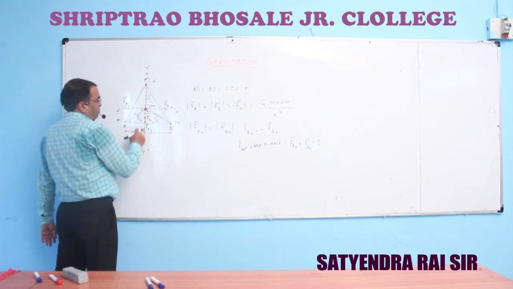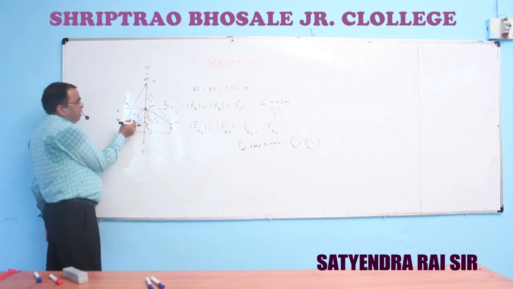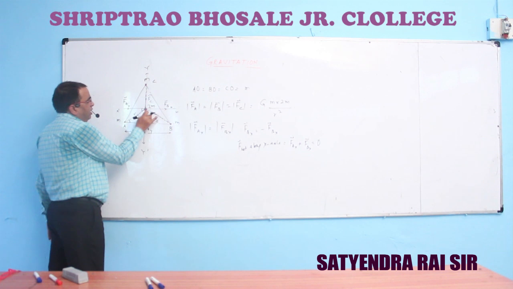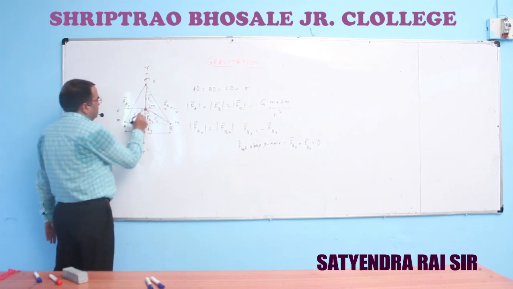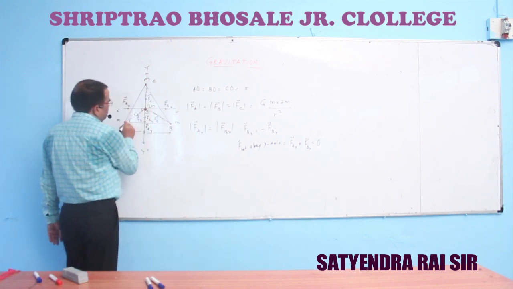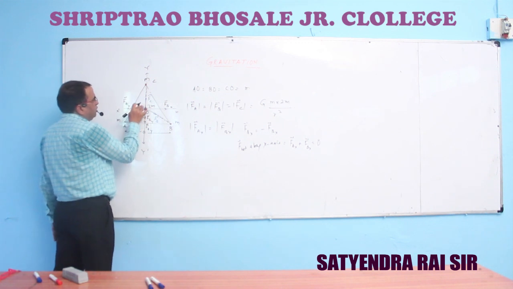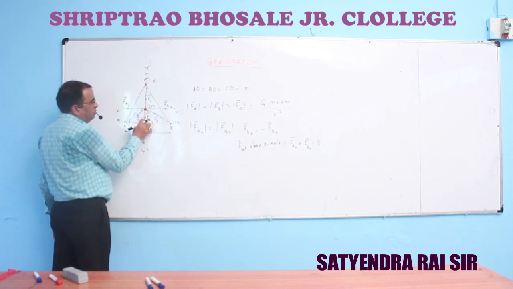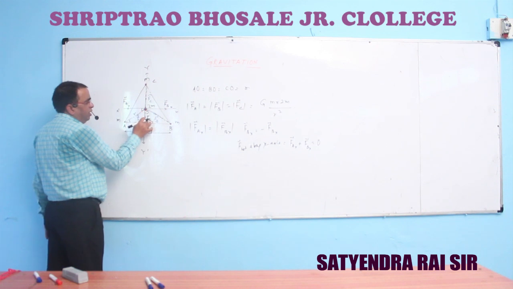Similarly, for FA and FB, their y components, FAy and FBy: this angle is there, this is cos theta, this is sin theta, sin 30 degree, 1 by 2.